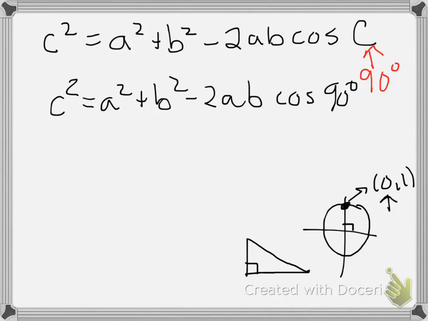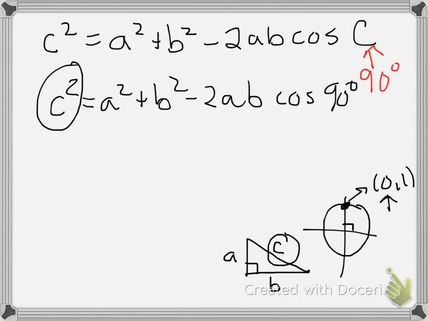Another way to think about it is we have a right triangle here, and we have a side A and a side B and a side C, and we're asking about C squared in the law of cosines. Well, it's right here on the right triangle, and if it's a right triangle, what do we know is true?